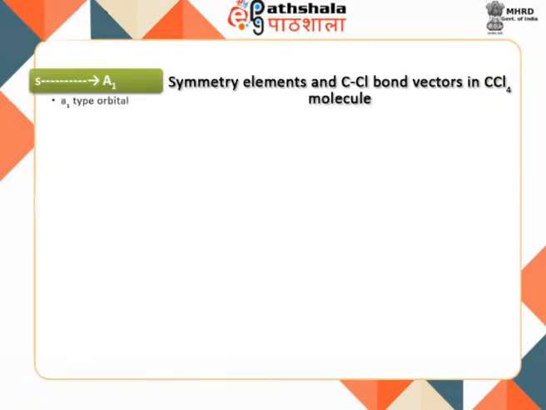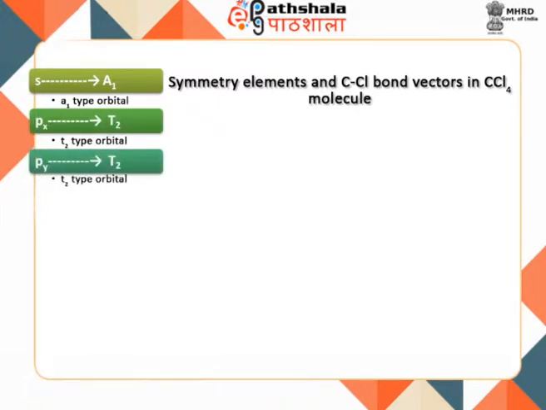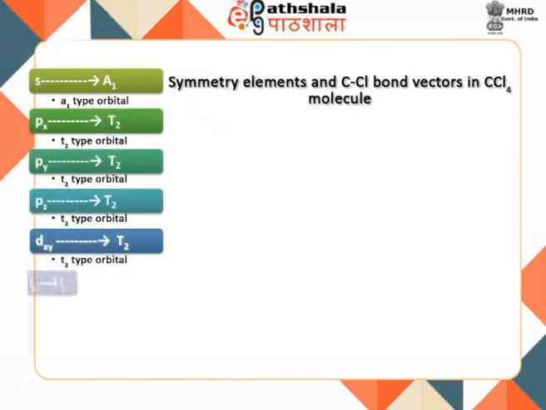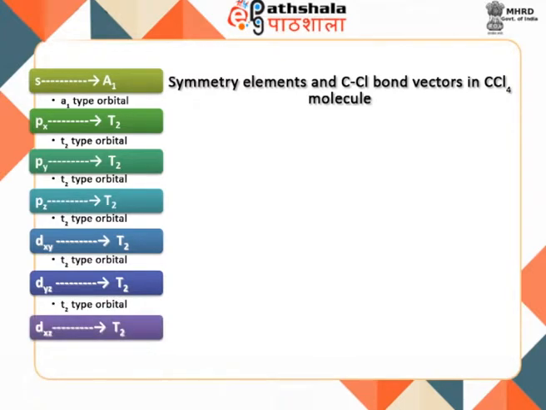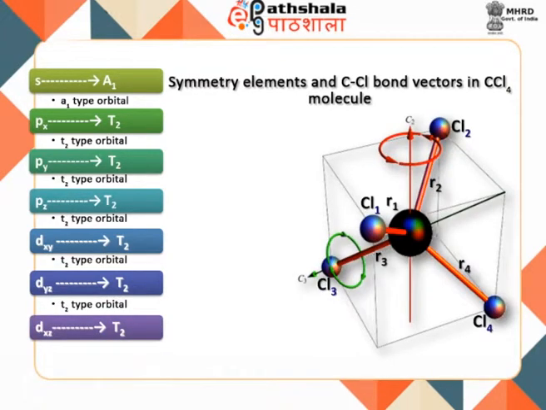The symmetries of atomic orbitals of carbon are as shown, and the structure and 4 C-Cl bond vectors in CCl4 are as shown in the figure.